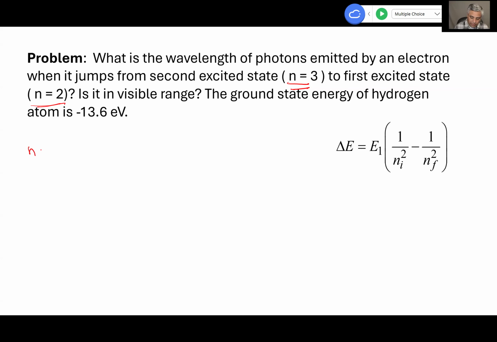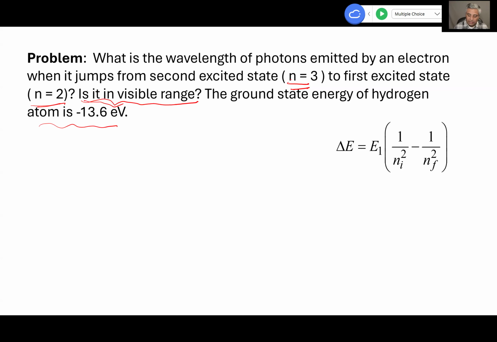Remember, we are saying ground is 1, so the first excited state means n is equal to 2. The ground state has this much energy. It also asks, is it in the visible range? We can first calculate the wavelength and then tell whether it is within the 400 to 700 nanometer range or not. That's one way to do it.